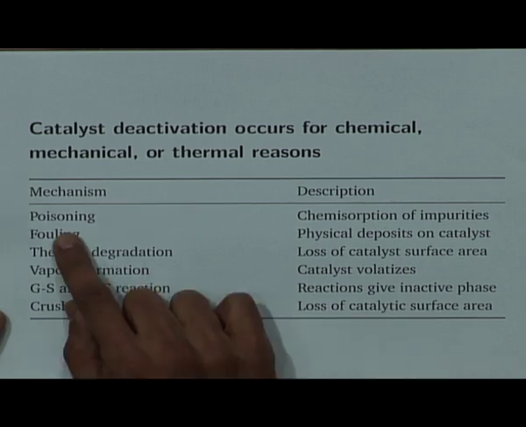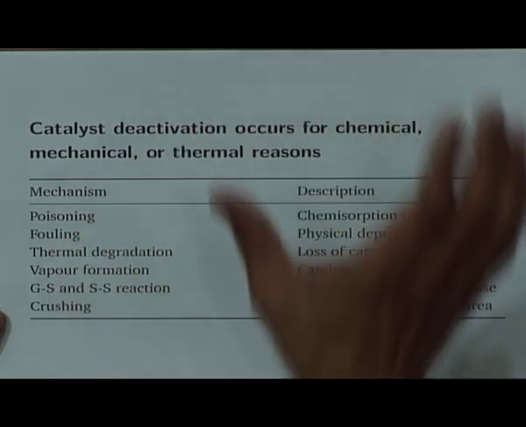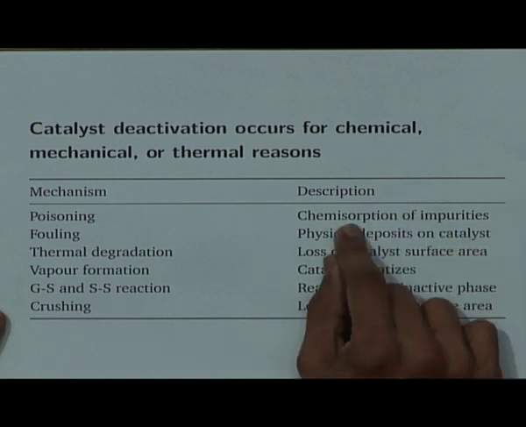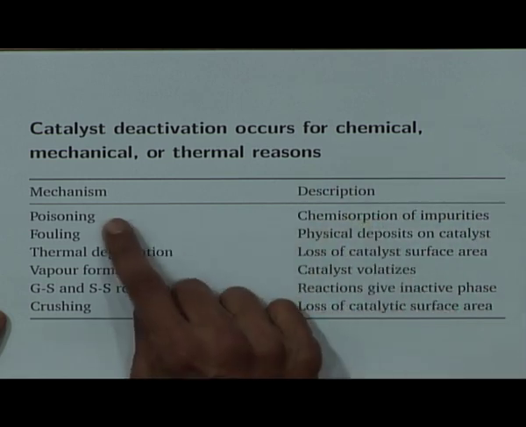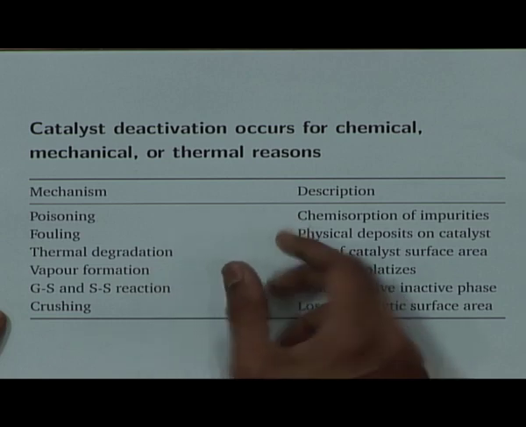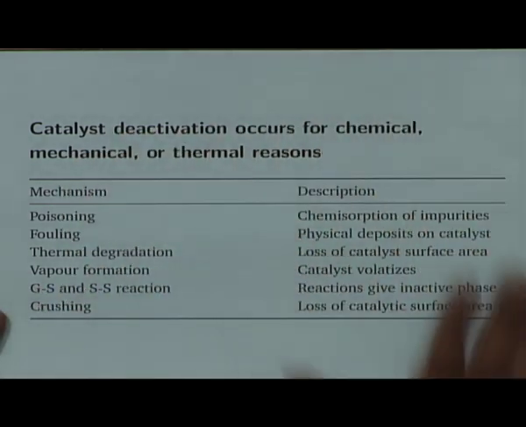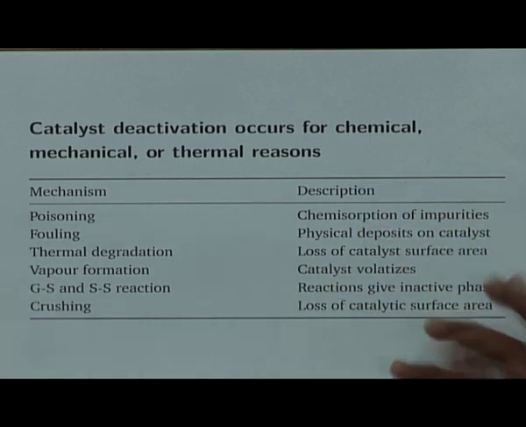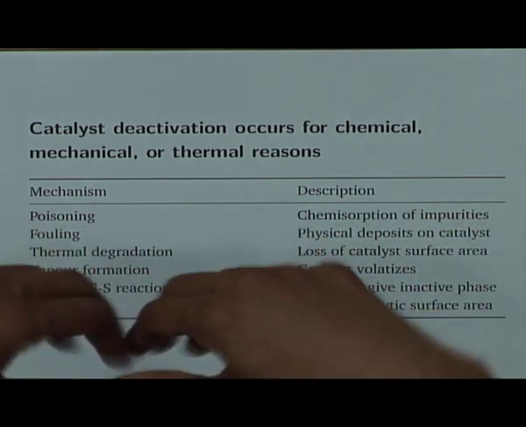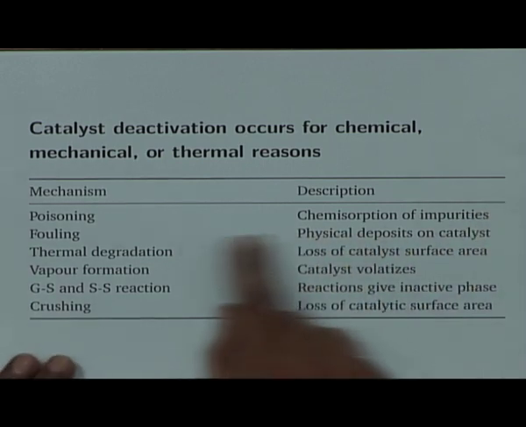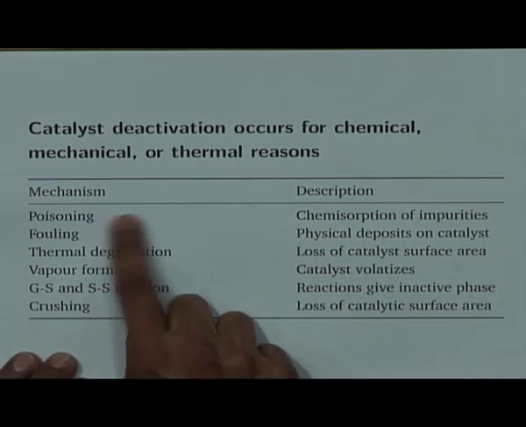The thing that often happens is when you have a reactant, you not only have your reactants, but you also have impurities in this. And if the impurities in the reactants go and bind to the catalyst and they bind stronger than the reactants, then the catalyst surface is poisoned by the impurities, and so the surface is not available for reaction. So, that is one possibility. So, this is a chemical reason.